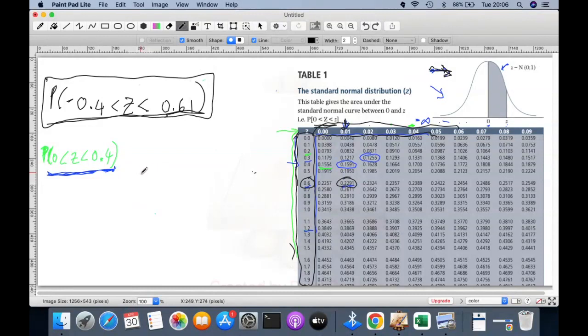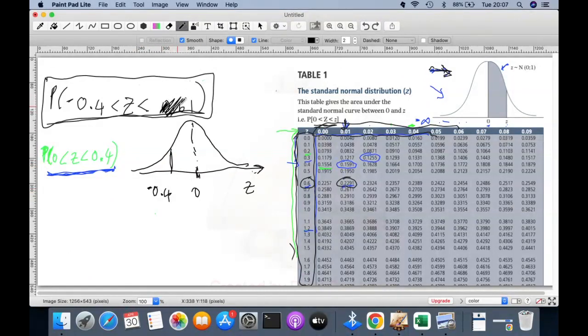The reason being, here's our z-axis, centered at 0. Bear with me, I'll get to the point you're asking. Now there's 0. You were asked to work out the area from negative 0.4 to 0.